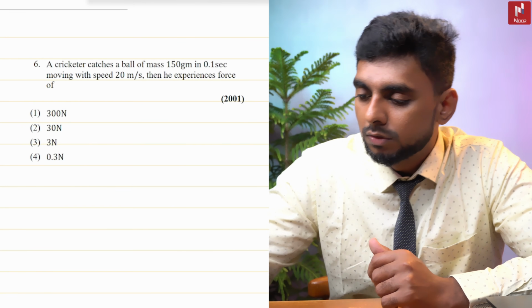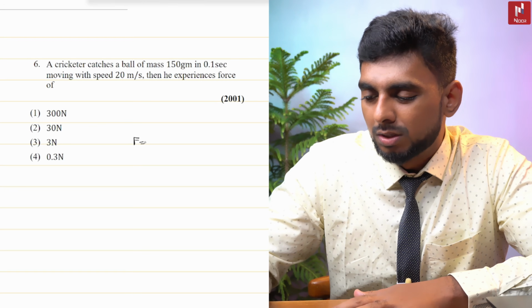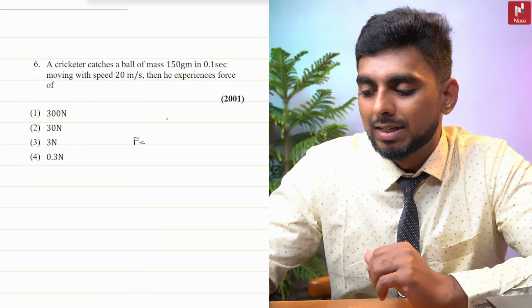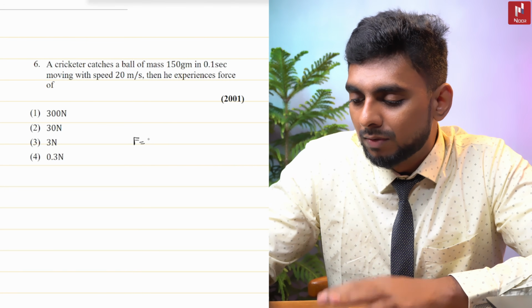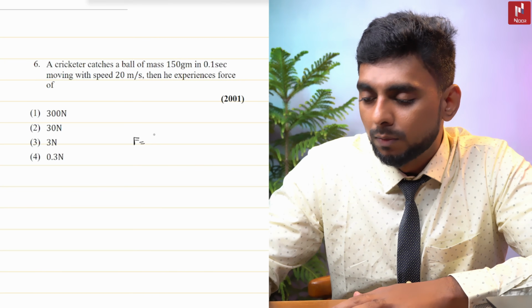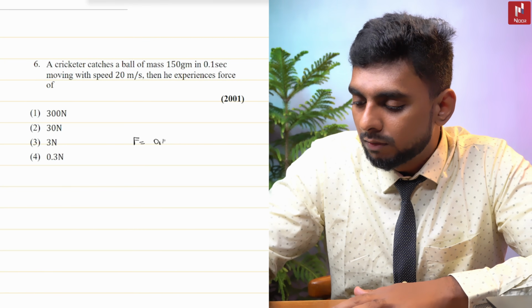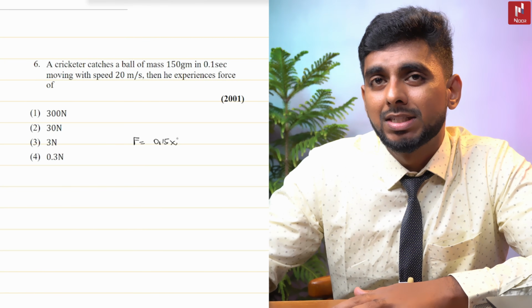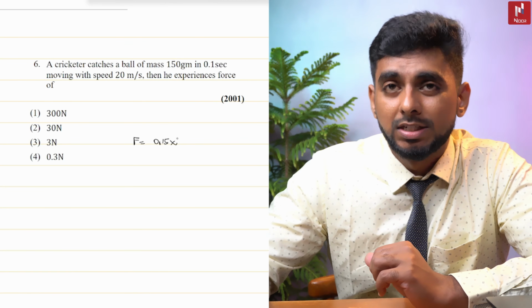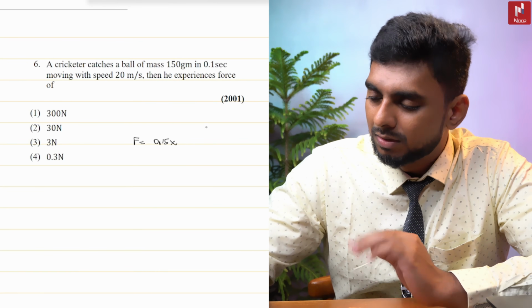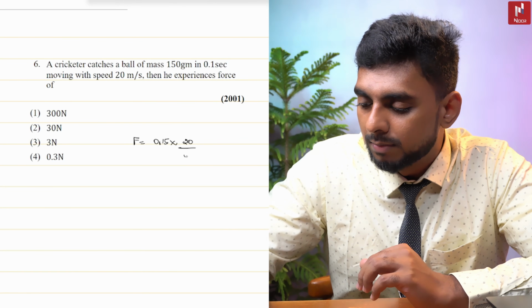So force here is mass times acceleration. The mass is 150 gram, so I'll have to convert it to kg, which is 0.15 kg, times the acceleration, which is final velocity minus initial velocity, so 20 minus 0, that's 20, divided by 0.1.